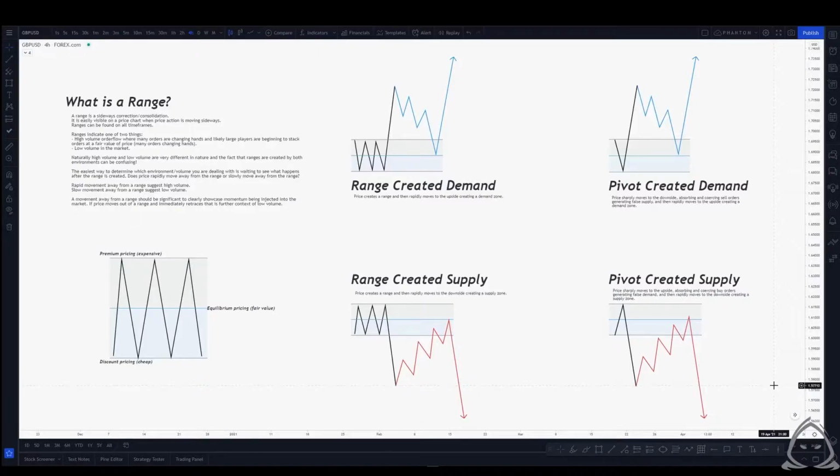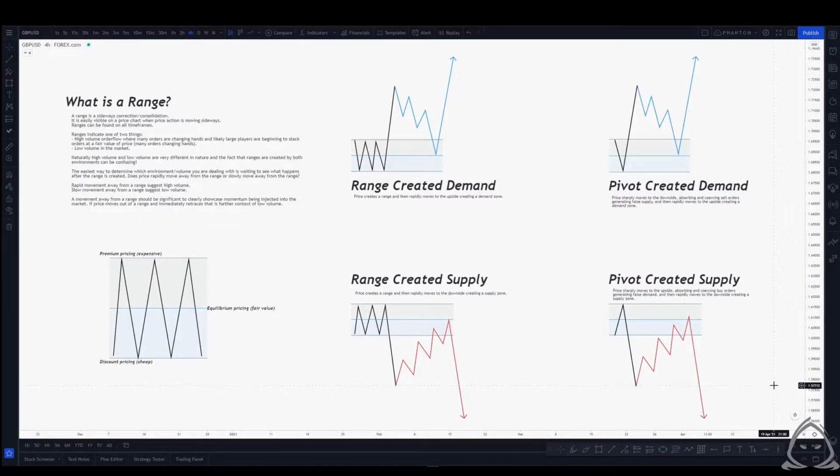But again, it comes back to that concept of supply and demand. When there's fair value, orders are changing hands at a rapid pace and you're not seeing much movement on a price chart. When there is an imbalance in supply and demand, that's when you see price move rapidly in one direction because it's trying to seek more orders or liquidity to balance that supply and demand.